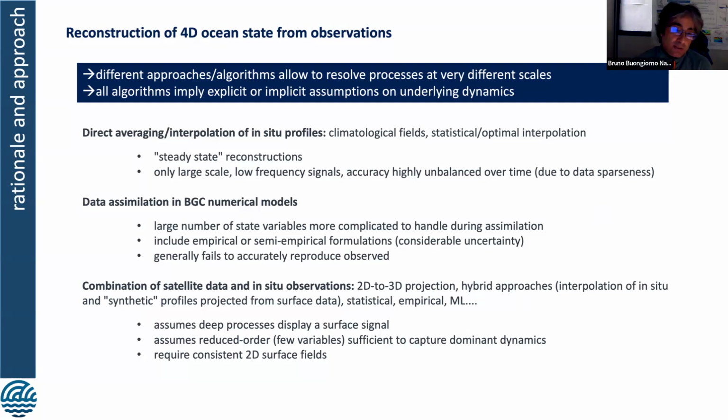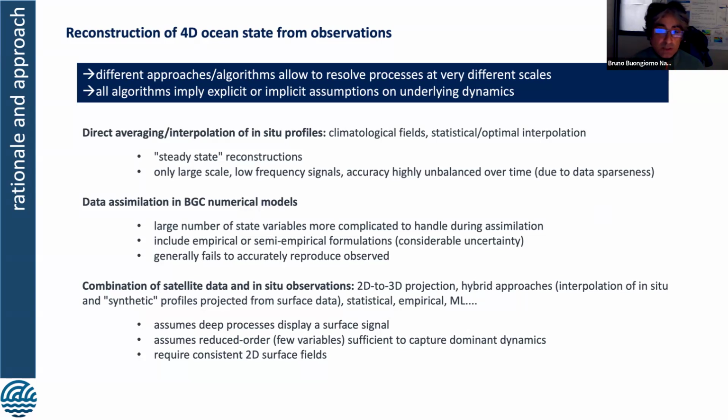I'm listing on these slides just the ones that really give a lot of weight to observations, because of course numerical models also somehow implicitly include observations in their setup, using climatological fields or something, but the use of data is much more relevant when we consider purely observational products that are based on the interpolation of in situ profiles.